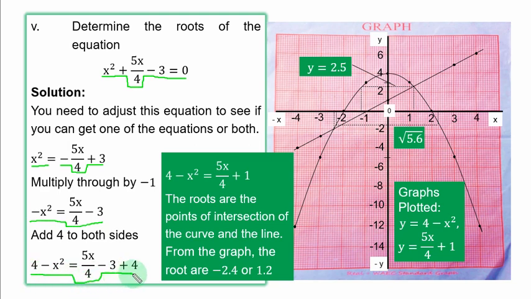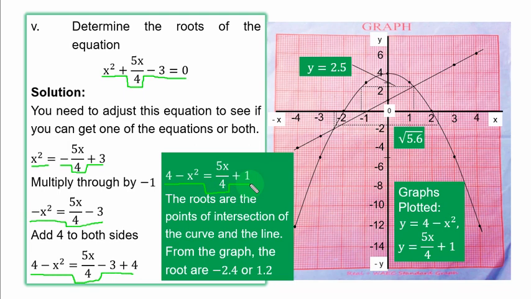And when you do that, you have 4 minus s squared equal to 5s over 4 plus 5 plus 1 plus 1. And you see that the result here shows the two equations that you've plotted, the quadratic and the linear.